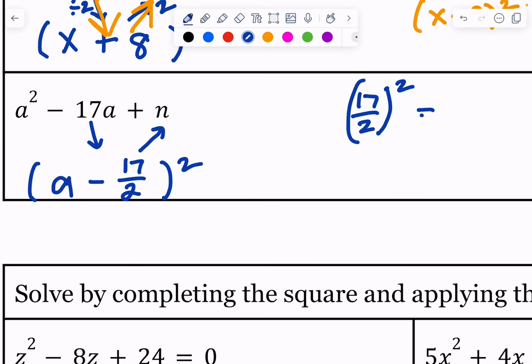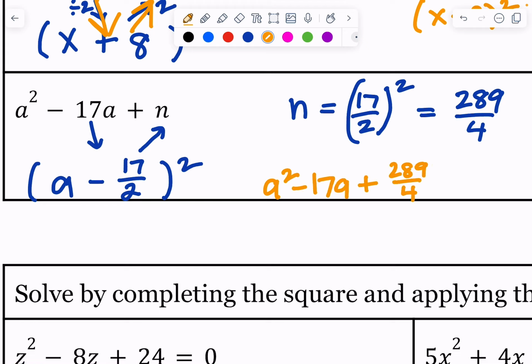So that would be 289 over 4. So that is n. And again, all that means is a squared minus 17a plus 289 over 4 is a perfect square because it can be written as a minus 17 over 2 squared.